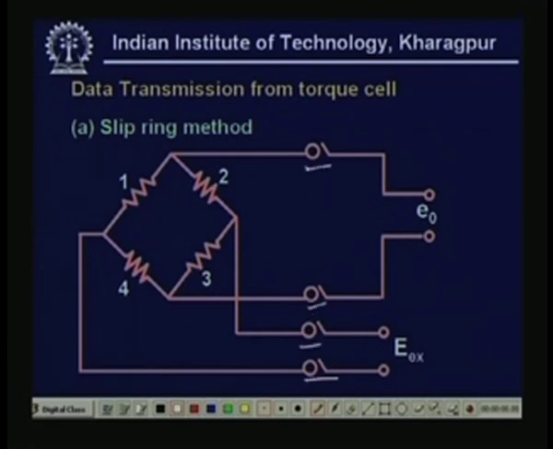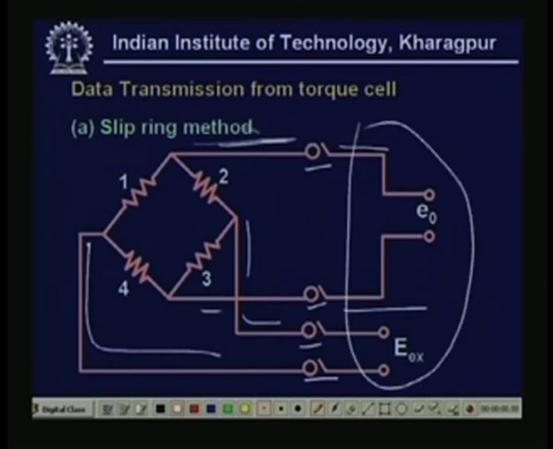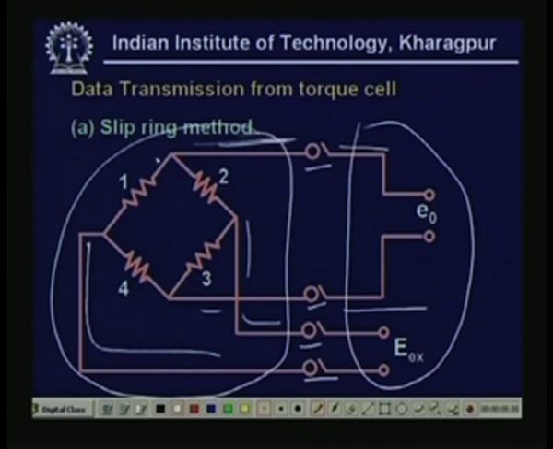Through these slip rings I am giving the excitation voltage, and through the other slip rings, through this wire, we take out the signal, because this part is rotating and this part is supposed to be stationary. This part should be stationary and this part should be rotating, right, because it is on the shaft itself. So, through slip rings we have to take out the signal.